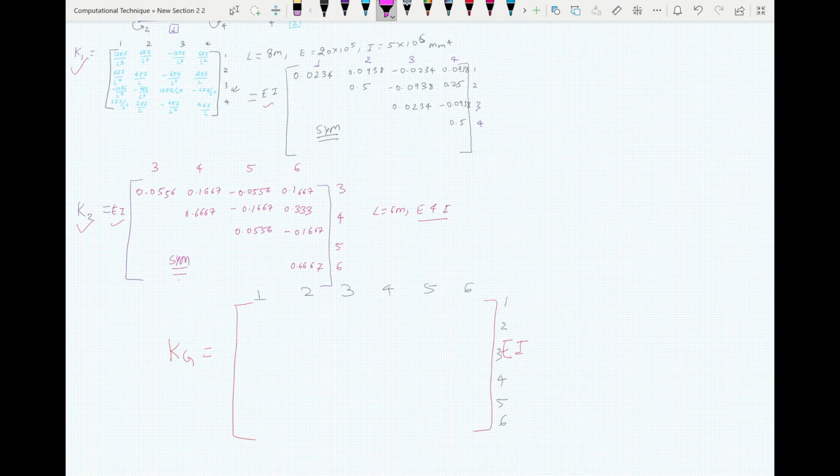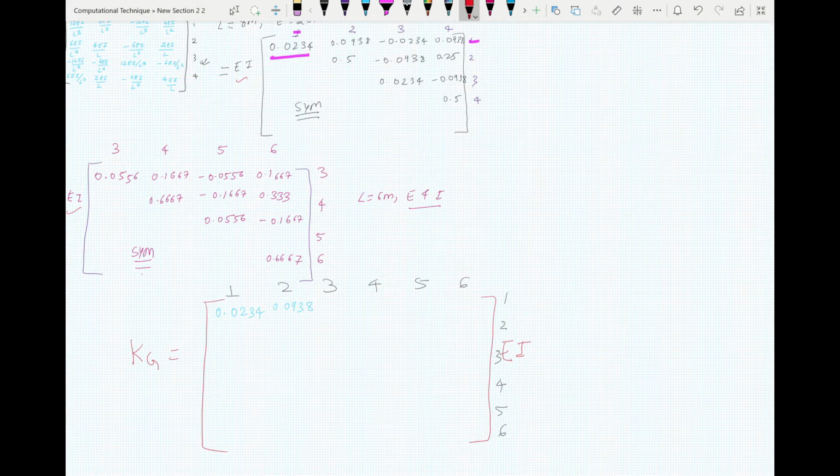Now for 1, 1 you have to look here, so this will be this value here, and for 1, 2 it will be 0.0938, 1, 3 it will be minus 0.0234, and for 1, 4 it will be 0.0938, and 5 and 6 we don't have it, so it will be 0 and 0.